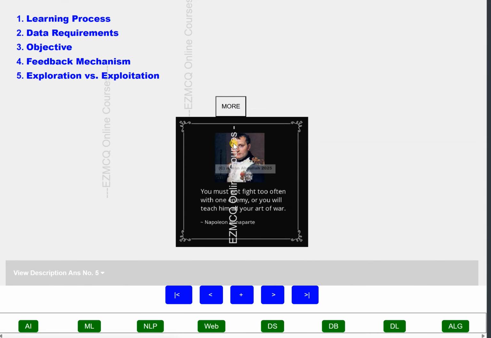Now, reinforcement learning differs fundamentally from supervised learning, okay? Because the learning dynamics are different, data acquisition is different, objectives and feedback are different, and then the necessity of exploration. On the other hand, supervised learning is kind of passive. It learns from a fixed, labeled data set, and there is immediate feedback, okay?